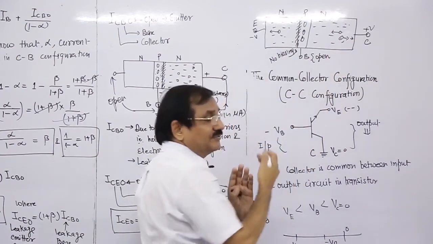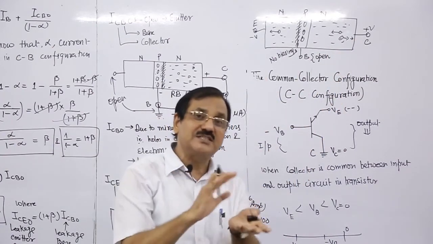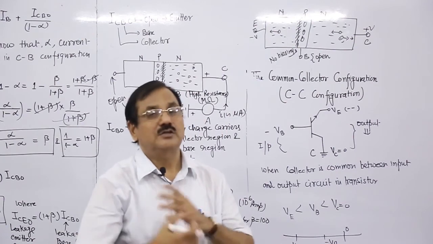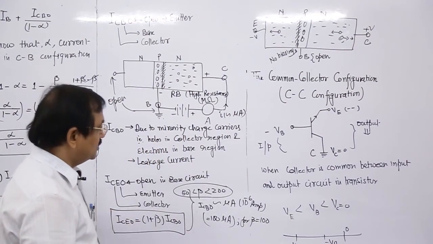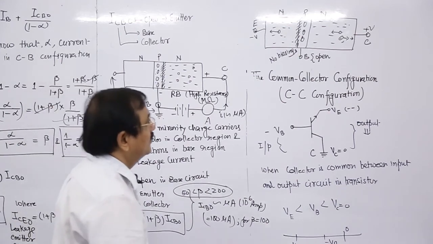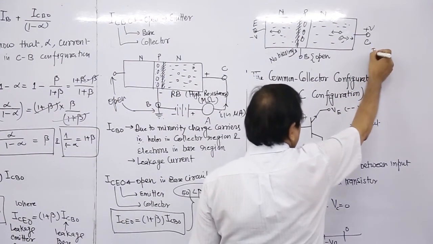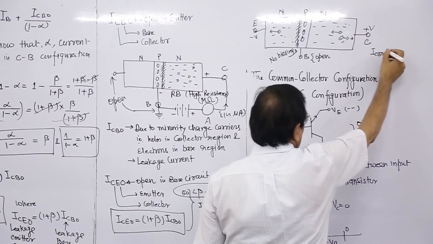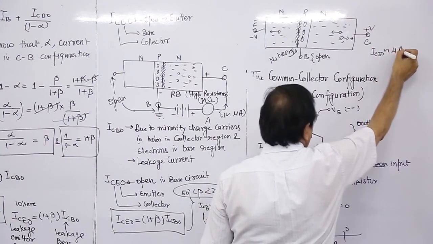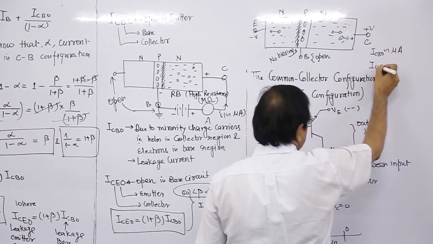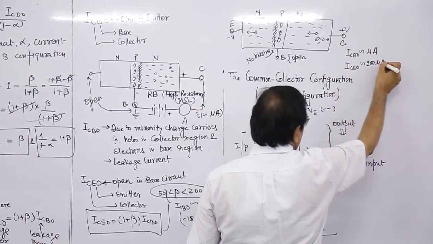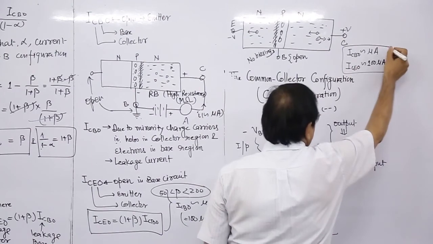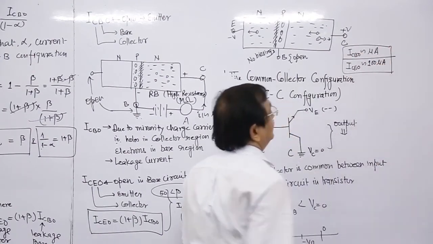The number of charge carriers across the junction is not very high, and that's why we have these two types of currents: ICBO is in microamperes and ICEO is of 100 microamperes.